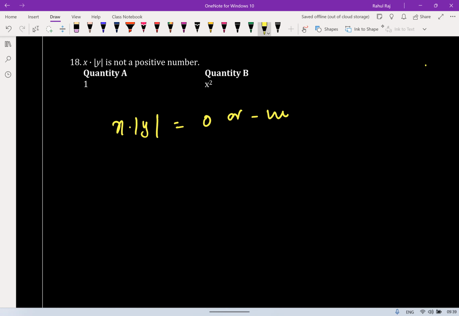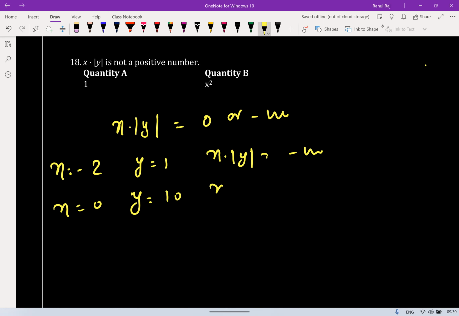So if you plug in a few random values of x which suit this rule, 0, -1, -2, you get different answers, because when x is -1, a and b are equal. But if x is -2, then b is greater than a. Imagine x is -2 and y is 1, x into mod y is a negative value. x can be 0 and y equal to 10, it doesn't matter, x mod y is equal to 0. So the answer is D.